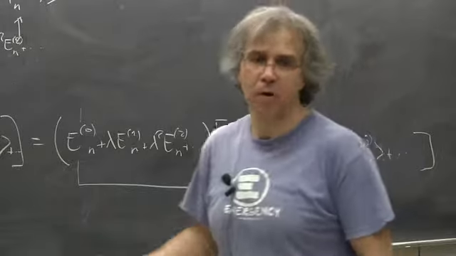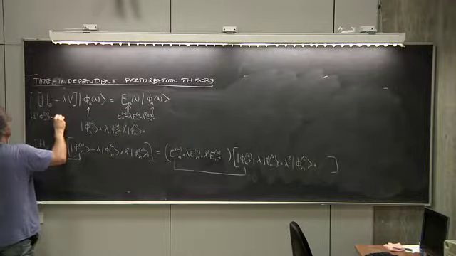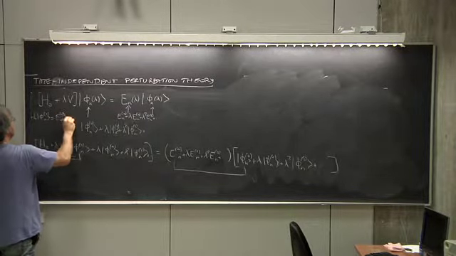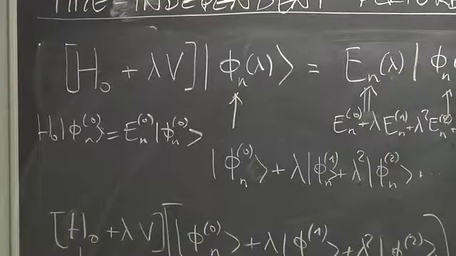Obviously this I know, because this is the unperturbed problem that I started from. So H0 phi_0n is equal to E_0n phi_0n. So the zeroth order terms are happy, because I started from the unperturbed eigenvalues and eigenvectors.